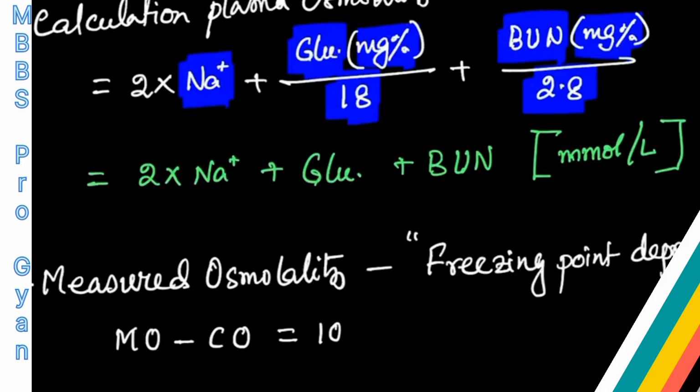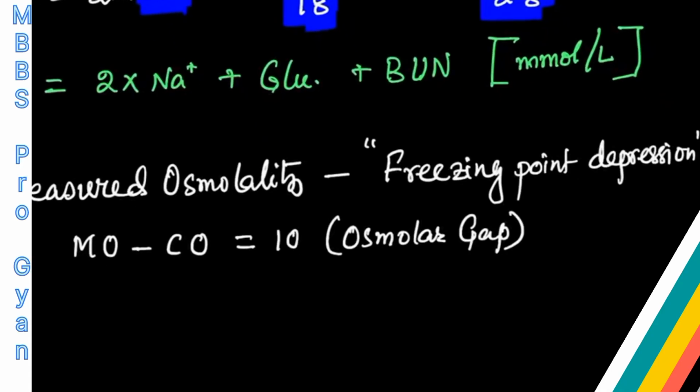That's why there is a little difference between these two, but this difference is never beyond 10, measured minus calculated. This difference is known as the osmolar gap.